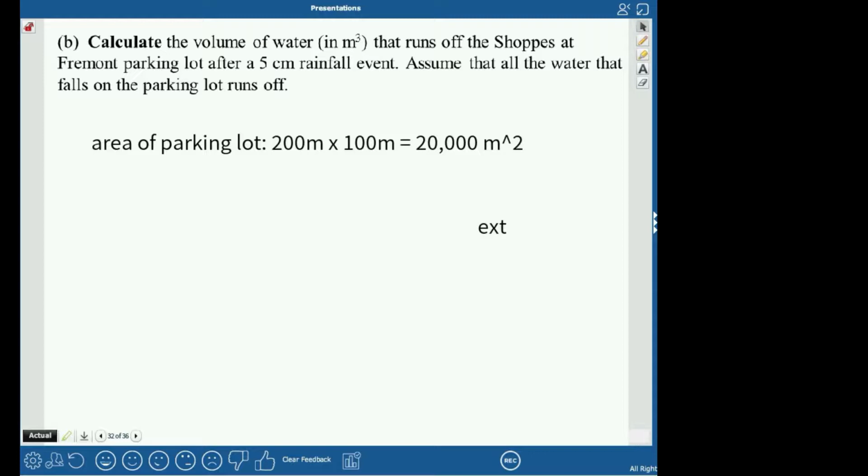Okay, then what we need to do is take this 5 centimeters of rainfall and convert that to meters, right? Because we can't use it the way it's at. So we'll have to do 5 centimeters, and we'll do one of those dimensional analysis kind of things, with 1 meter over 100 centimeters. I'm going to try and do this in a way that will make it easy for you to see.